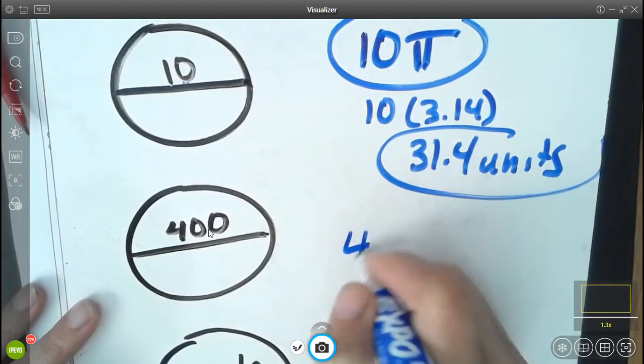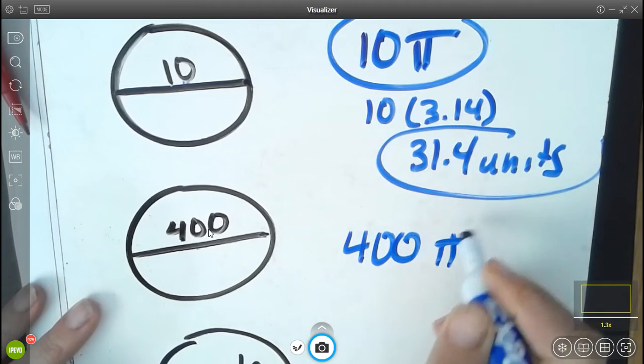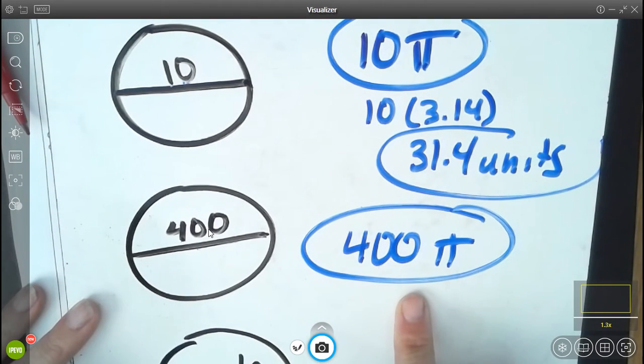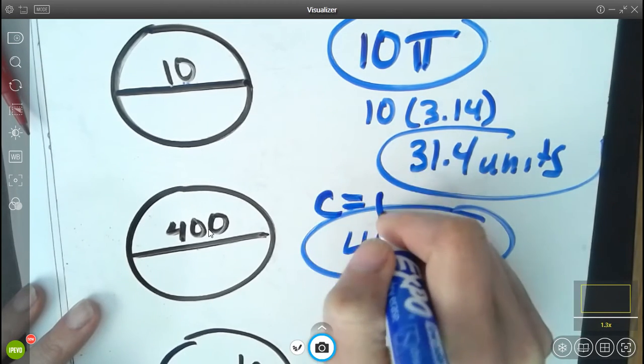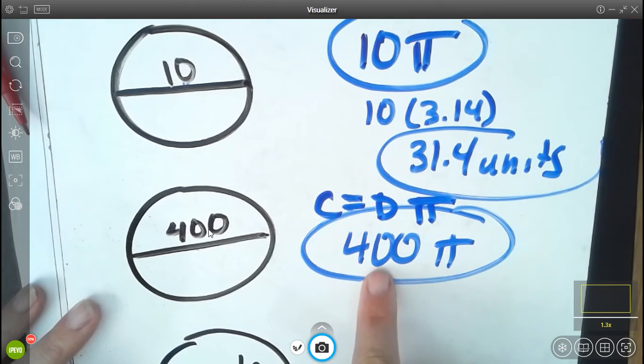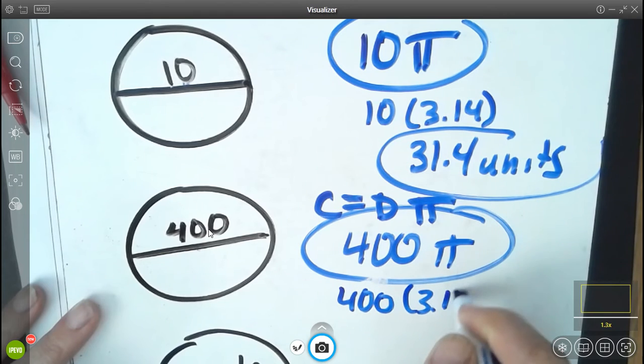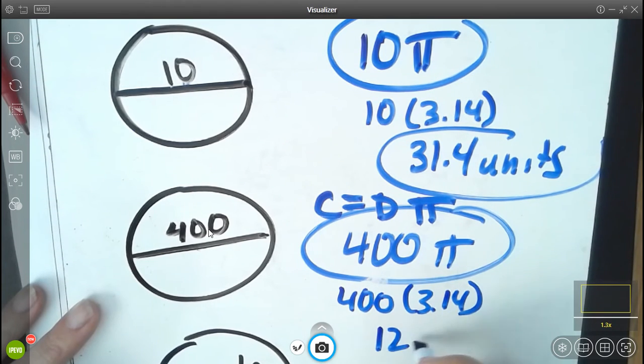Exact answer, estimation. Let's look at this one here. This one right here would be 400 pi. That's my exact answer. The diameter times pi. This is the diameter. And if you were going to estimate that, you would do 400 times 3.14. I did that earlier. I got 1256, whatever those units are.